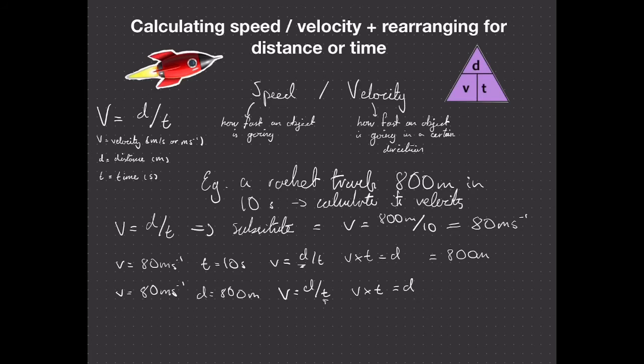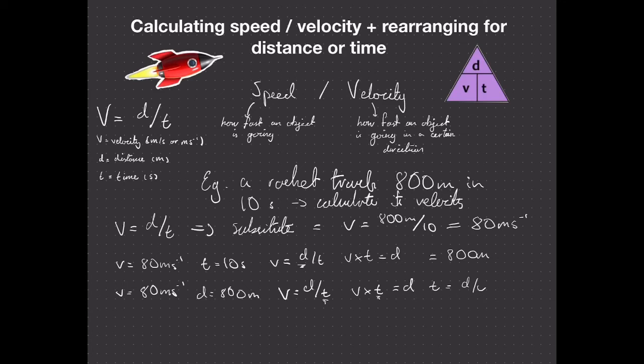But a reminder that I still want to make t the subject, so I'm going to divide both sides by v, which will get rid of the v on the left-hand side of the equation and give us t equals d over v.